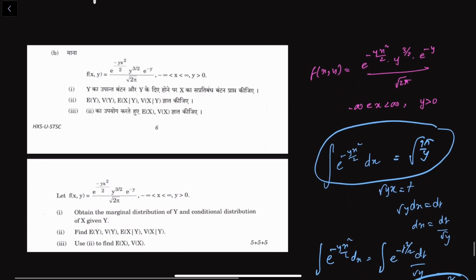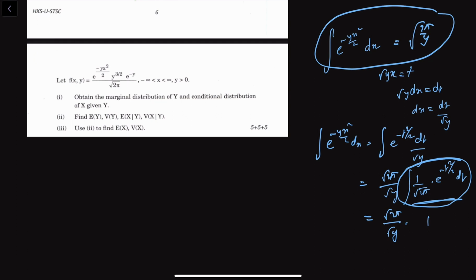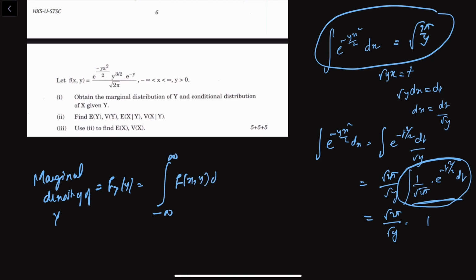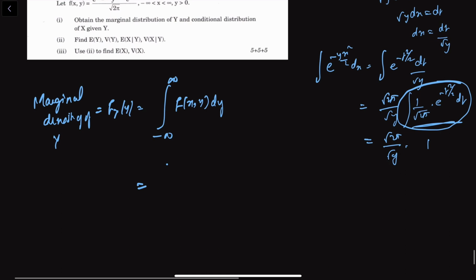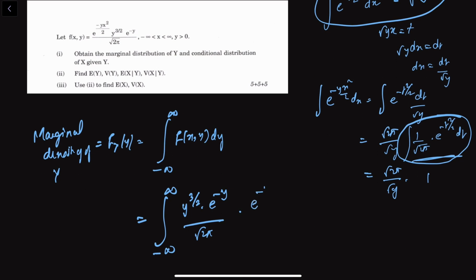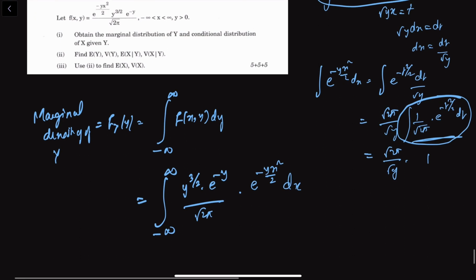So if I consider the marginal density, we can first find the marginal density of y, which is f_Y(y), the integral from minus infinity to infinity of f(x, y) dx. That is the integral of y^(3/2) e^(-y) by √(2π) into e^(-yx²/2) dx.